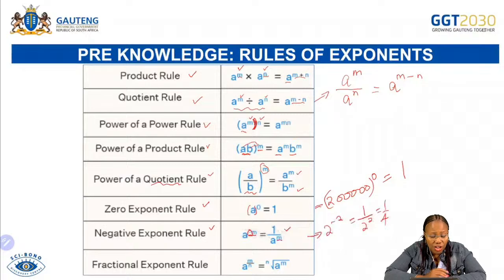And then the fraction exponent rule. So with this one, you are having a fraction on your exponent. We call it a rational exponent. And the rule says that if you are having this rational exponent, you can write this in surd form. That means the n below there goes to your root sign there. And then this is forming that root there.